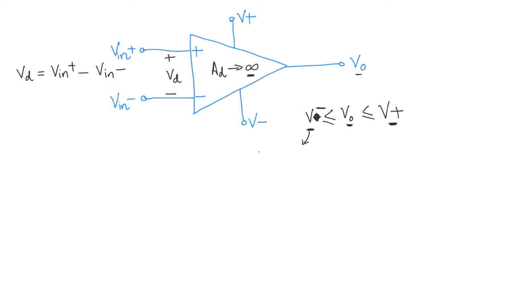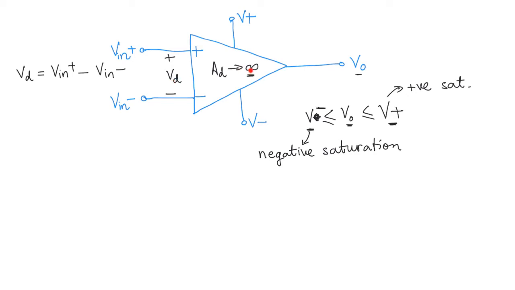On this end, we call this negative saturation, and on the other end, we call it positive saturation. So how would this circuit, which is shown on the screen, work? Now think about this. If the input voltages are such that VD is positive, what would happen?